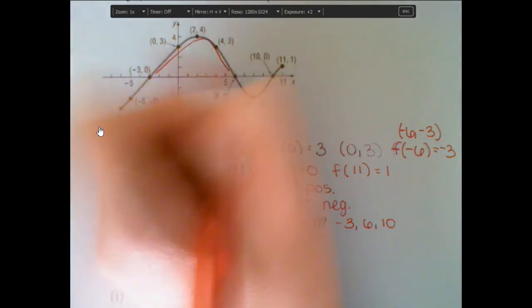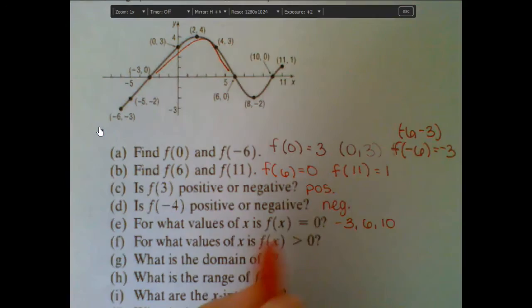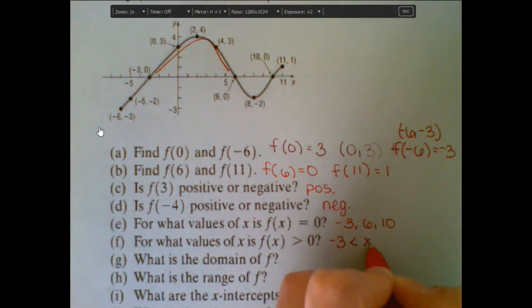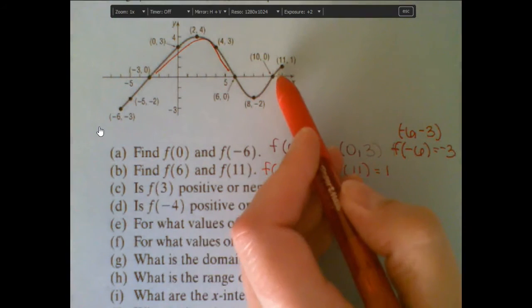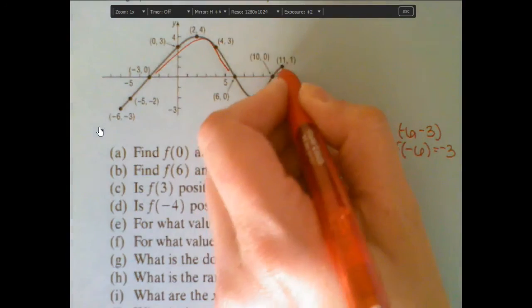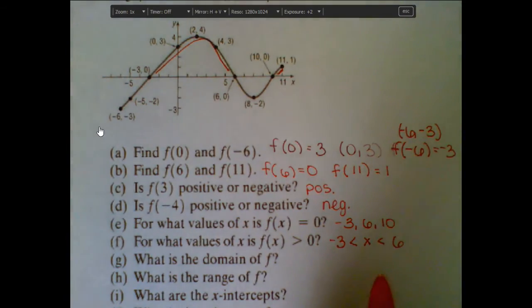So I'm going from negative 3, x needs to be greater than negative 3, and x needs to be less than 6. And the other place that the graph is above 0 would be right here, which would be x must be greater than 10 and x must be less than or equal to 11.